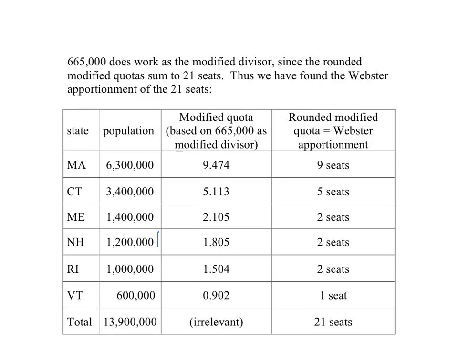That was the result of taking the population, 1.2 million, and dividing by the modified divisor of 665,000, and sure enough, that equals 1.805. So having done this for each state population divided by 665,000, we get each of these modified quotas, we round each one to the nearest integer. And lo and behold, miracle of miracles, they add up to exactly 21 seats as we'd hoped.